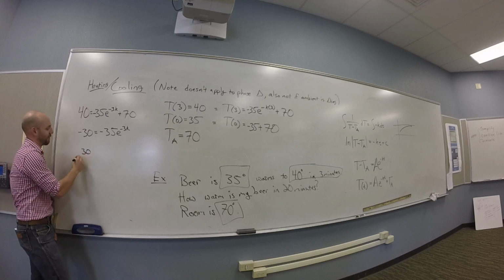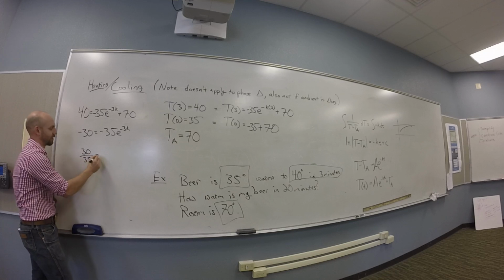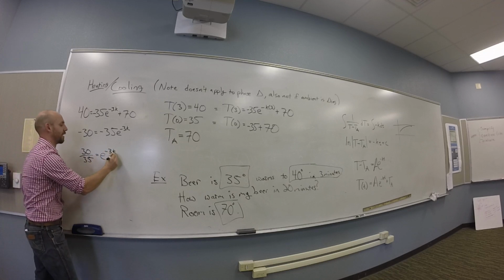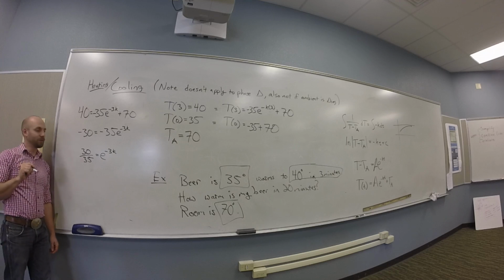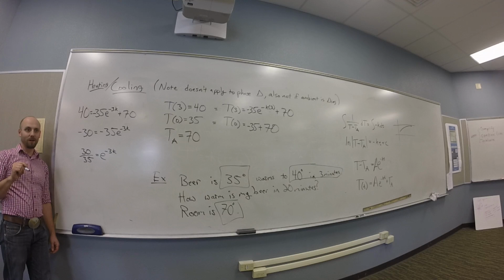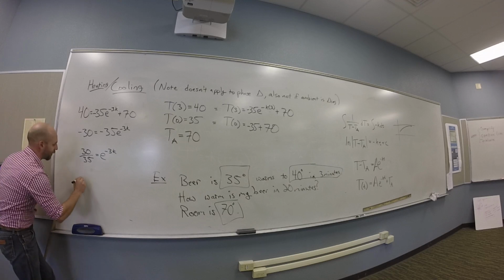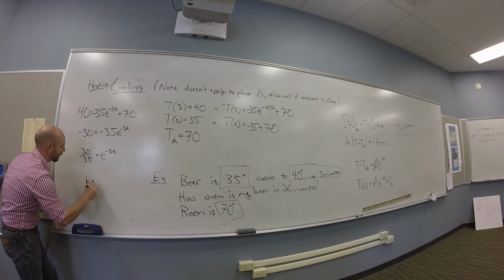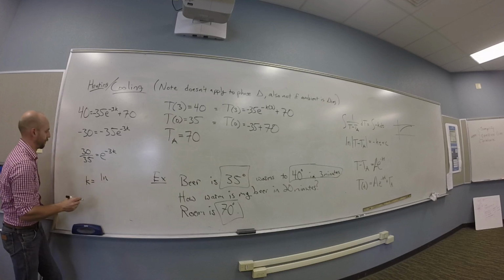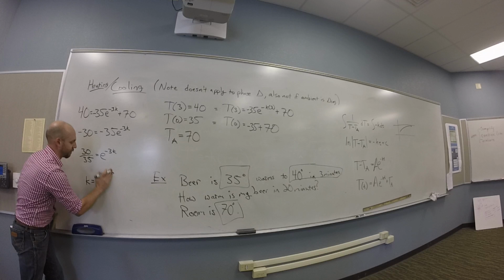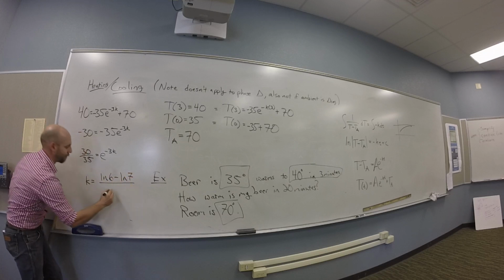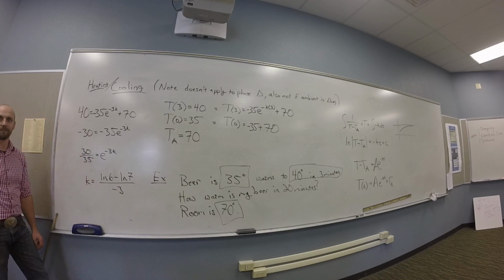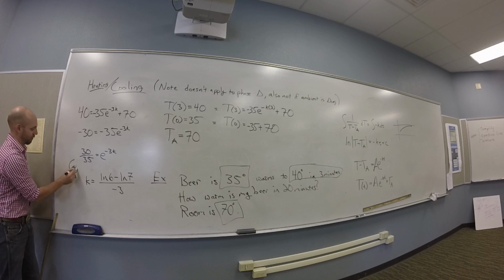So you get 30 over 35, which is some fraction we could deal with on a better day, equals e to the minus 3k. And then what should we do with this? Log both sides. So k is the natural log of 6/7, which is the natural log of 6 minus the natural log of 7, all over negative 3. Algebra.